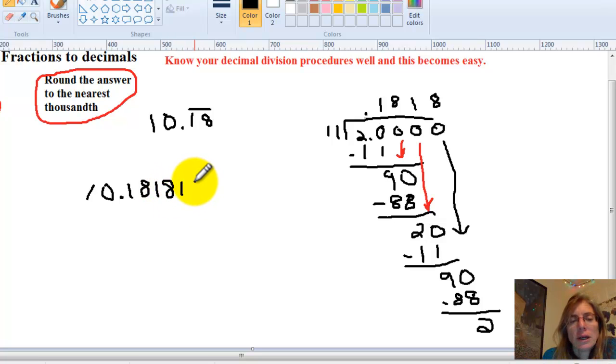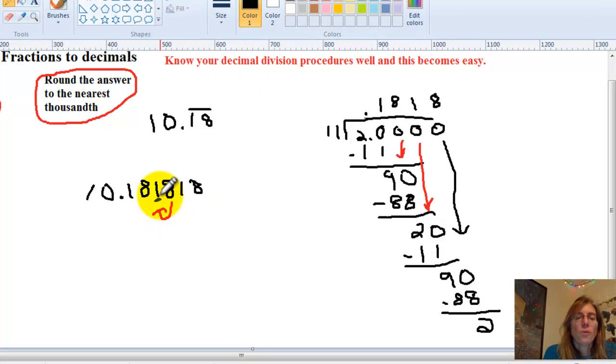And just write another one down, because that's what the decimal is actually doing. It's repeating. Alright, so then you're going to think, which is the thousandth place? And that's tens, hundreds, this is the thousandth place. But you have to look at this number next to it and decide what to do with it, just like our rounding rules always are.